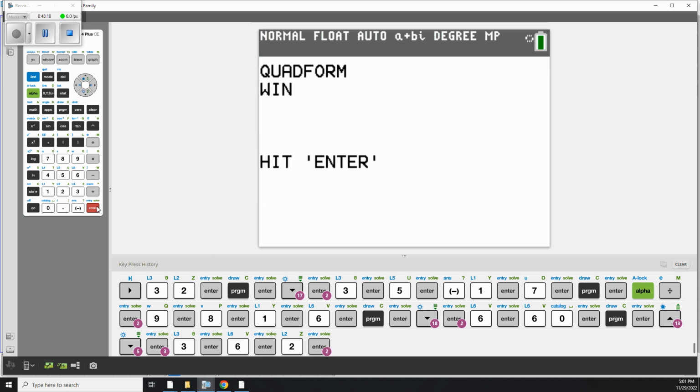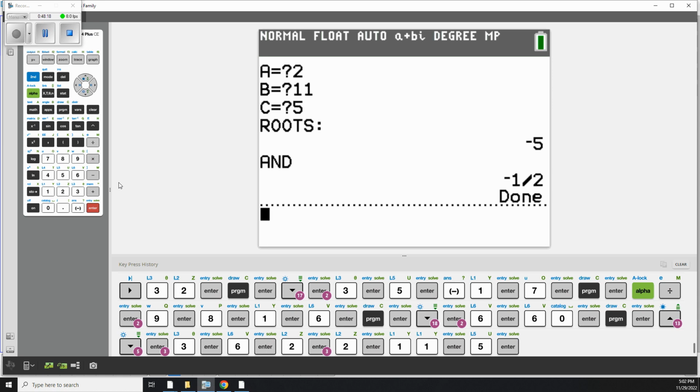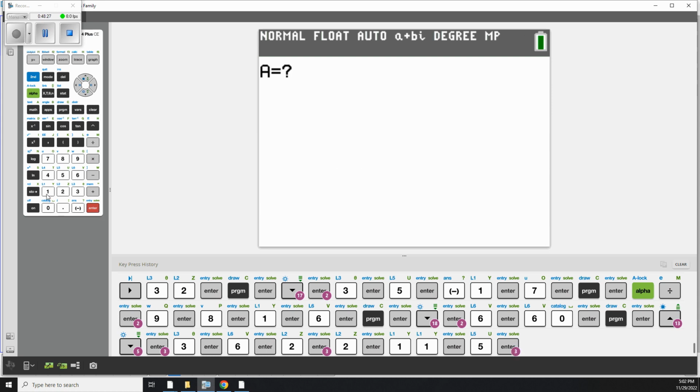Another type of quadratic is one that is factorable, like 2, 11, and 5. And it'll give you the answers straight because there is no root. And here's my favorite. When there's an imaginary number, 1, 4, 11.